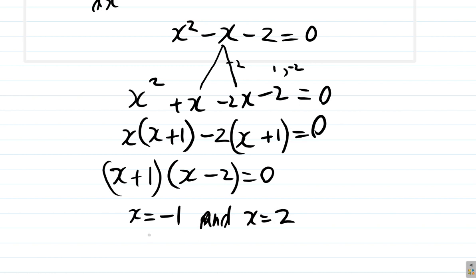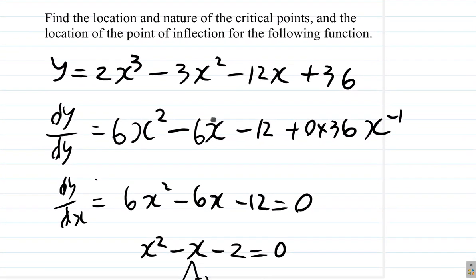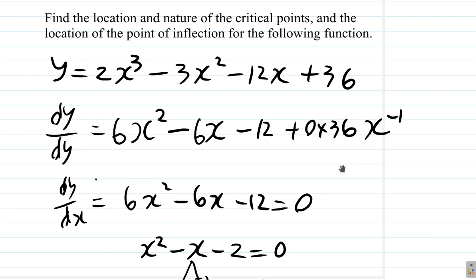Let us find the coordinates since we want the location. When x is equal to negative 1, what is y equal to? Let us see. We have x equal to negative 1. Let's use our calculator here.